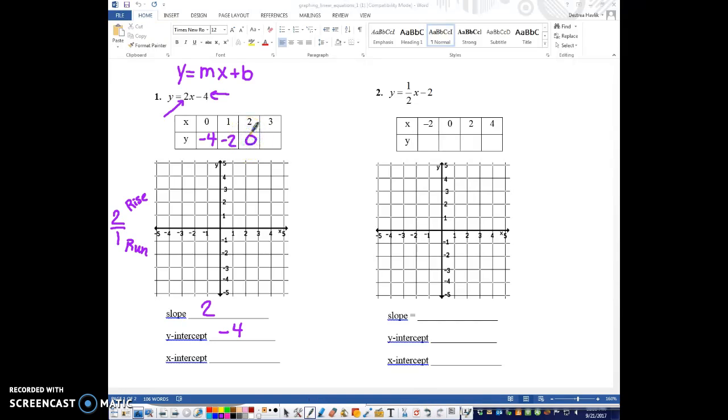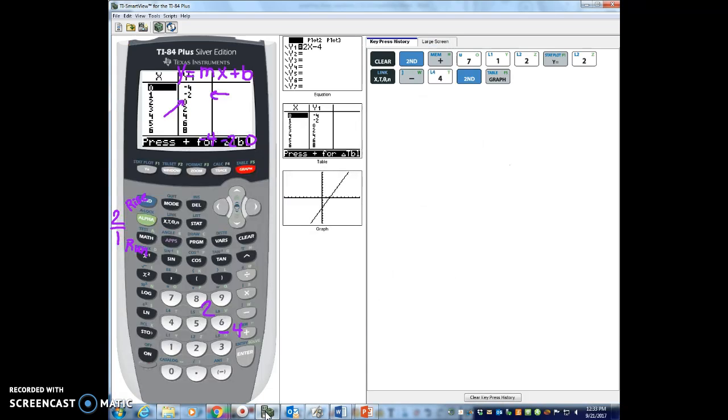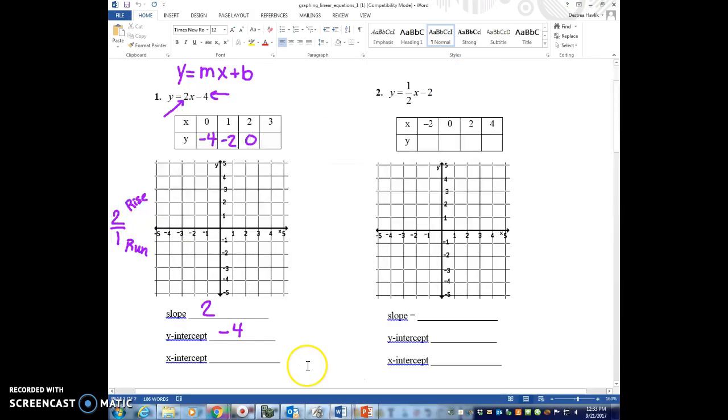And when x is 3, let's just go look. When x is 3, y is 2. Okay, so now that we have those points, we can go graph them.